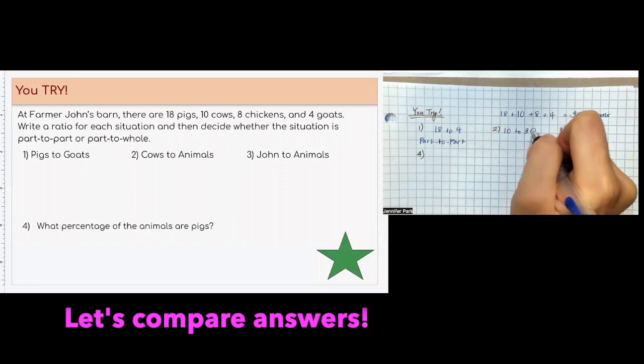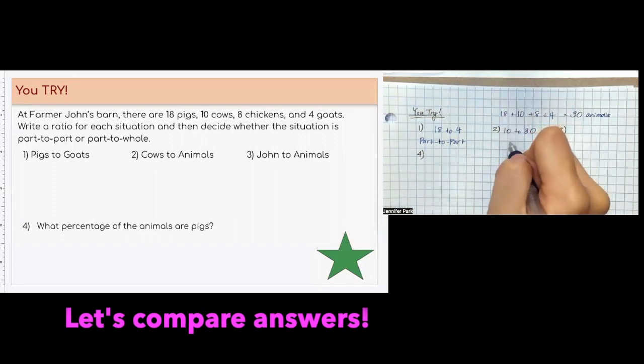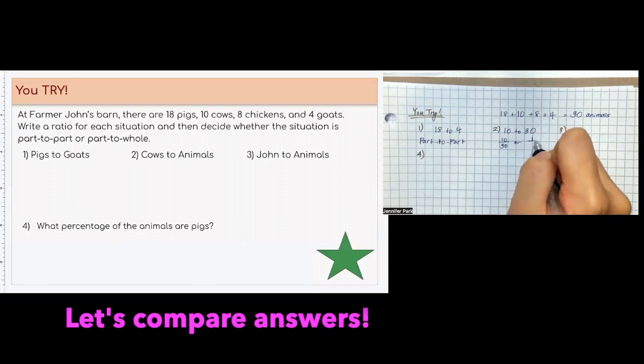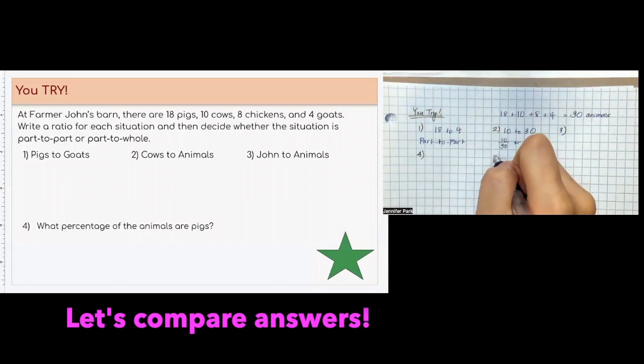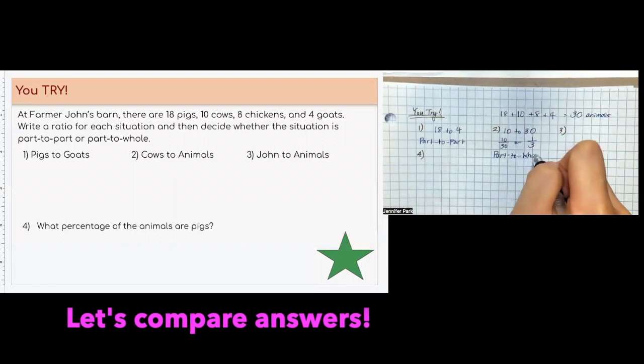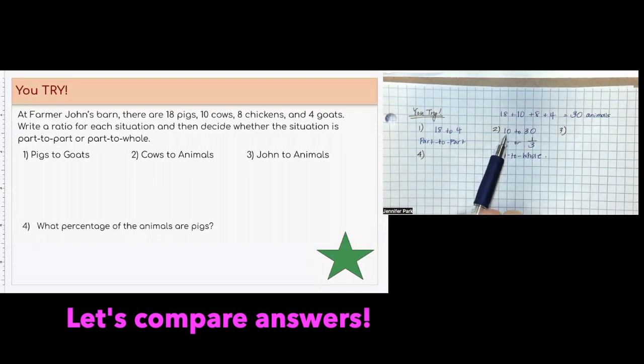So 10 to 30. You could write that as 10 over 30, or some of you might have written 1 over 3, reducing it. This is a part to whole ratio. You're comparing cows to the entire barn, animals in the entire barn, part to whole.